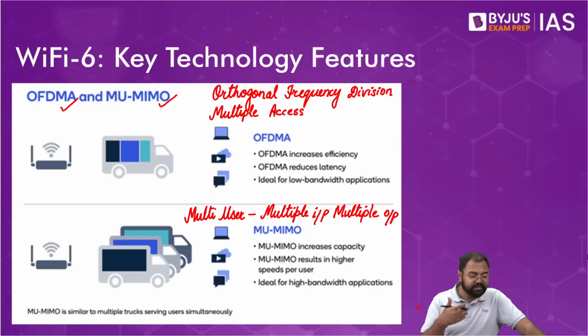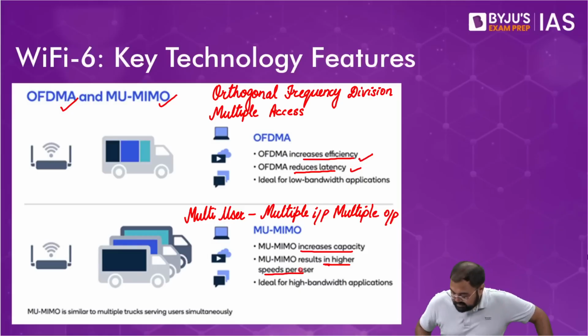And there are two key technologies that help in this. One is OFDMA and the second one is MU-MIMO. OFDMA is able to increase the efficiency, and thus it reduces the latency. Whereas MU-MIMO will increase the capacity, and that's why it will result in higher speed per user. So these two technologies become very crucial from the perspective of Wi-Fi 6.